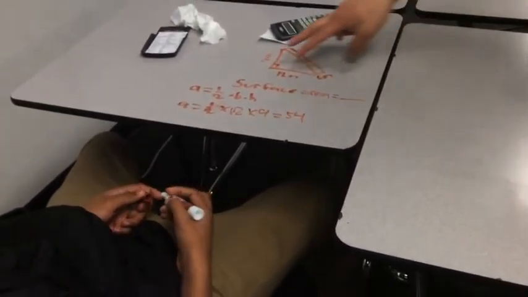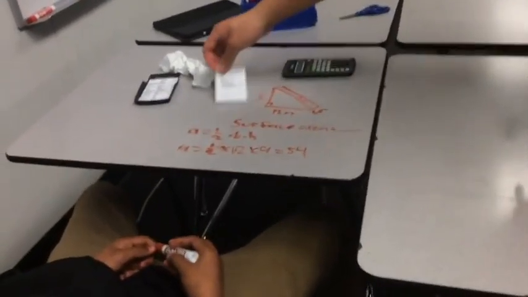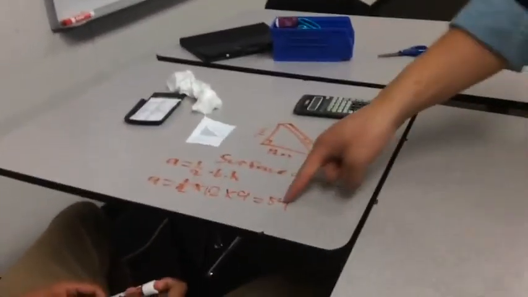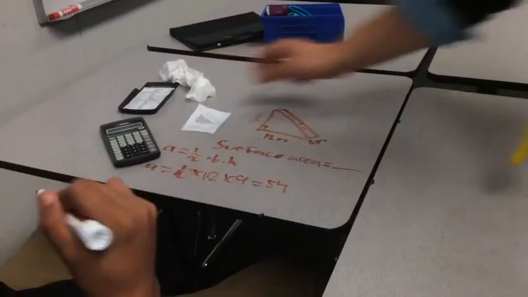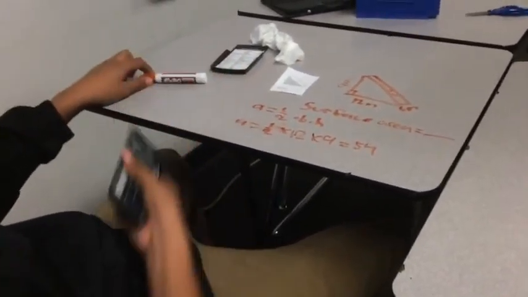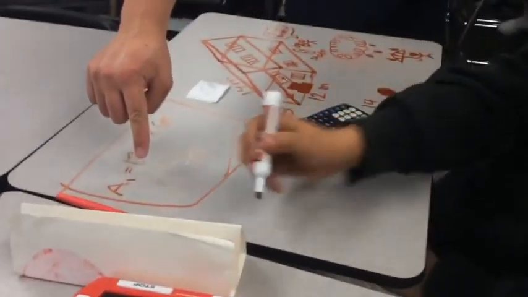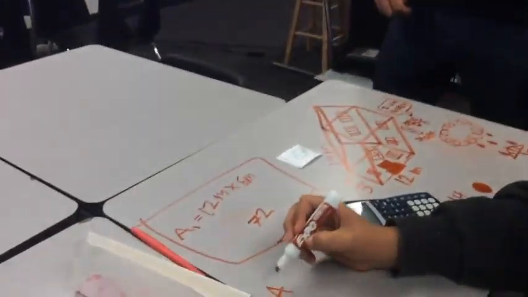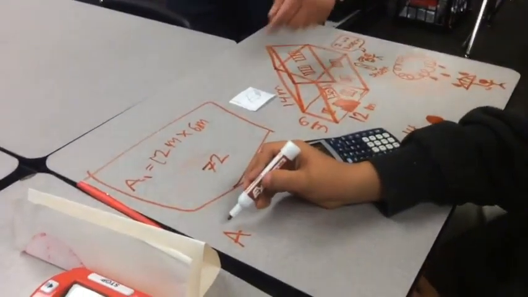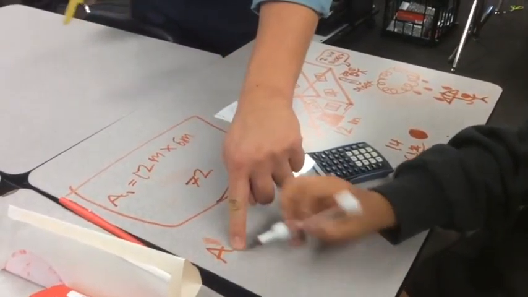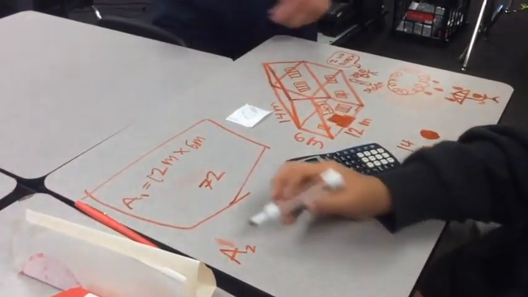Okay, and how many triangles do you have? Look at this shape. 2, right? Okay, so multiply that by 2. See how I wrote area 1 with the A and the little 1? Do an A with the little 2. Down there. Equals. What did you multiply? 14 by 12.